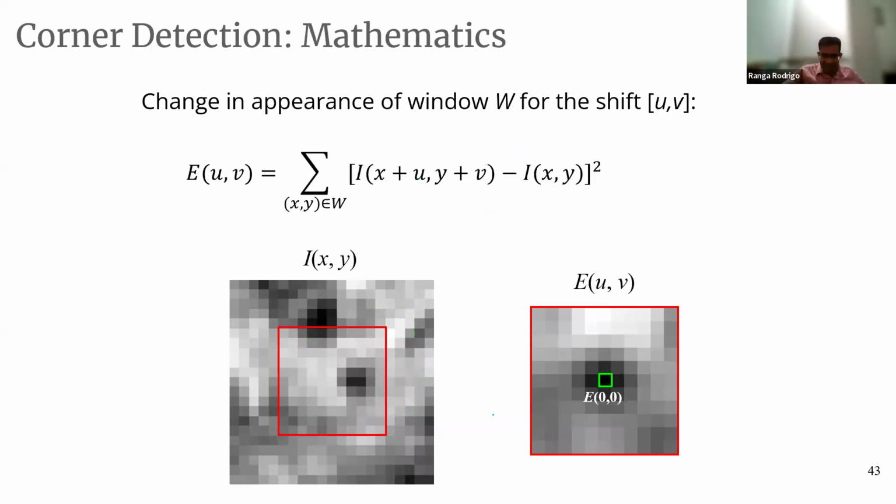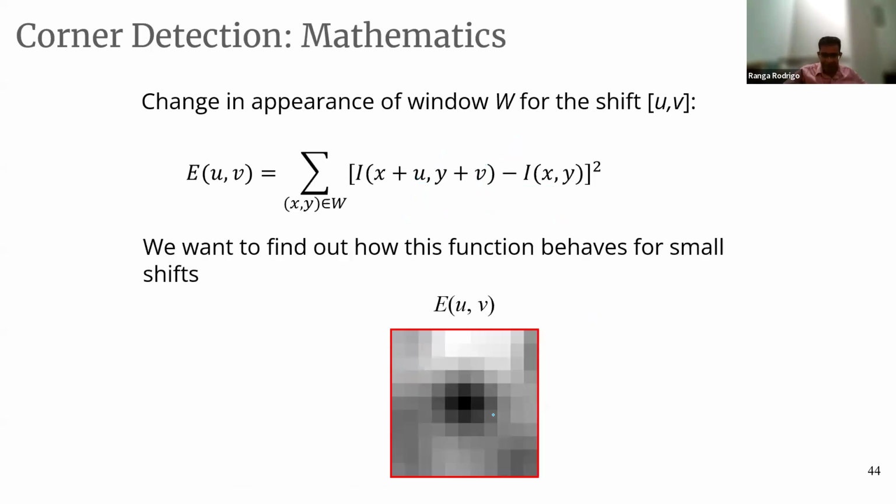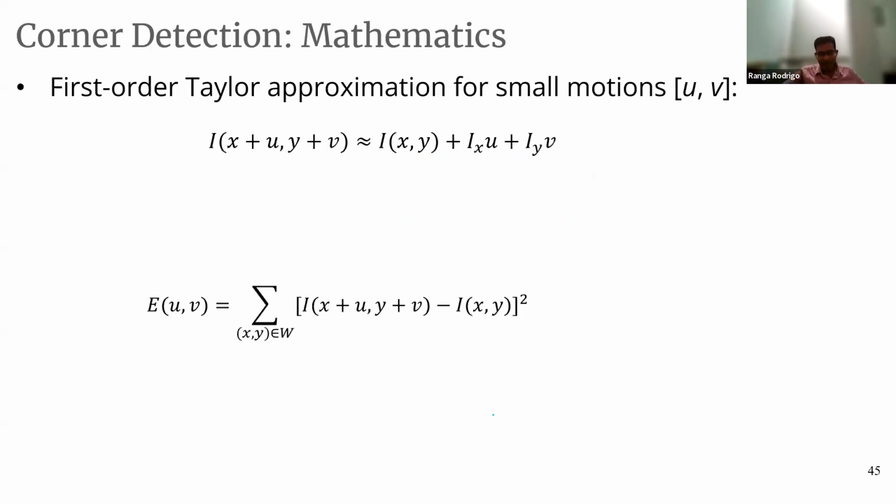Because we want to find how this function behaves for small shifts u and v, let's plug in this equation. But before that, how did I get this one? I'll explain using the theory that you know from A levels.